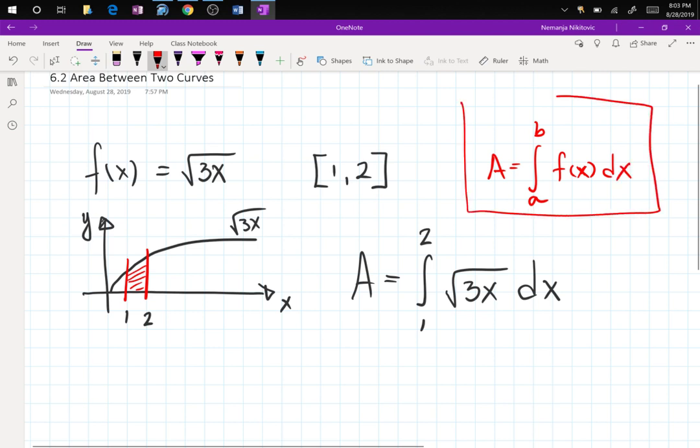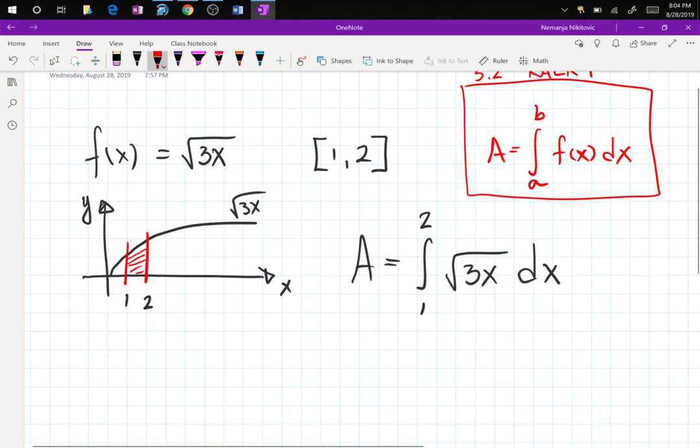This is in 5.2, Calc 1, the formula to find area under the curve. However, your function f of x is not allowed to dip below the x-axis, because it will create negative area, and then the net area will be different. But we'll get there when we need it.